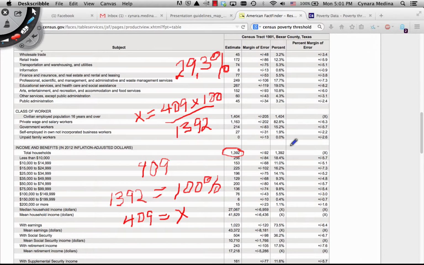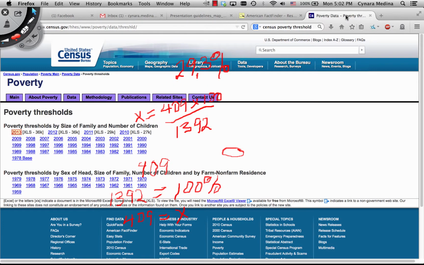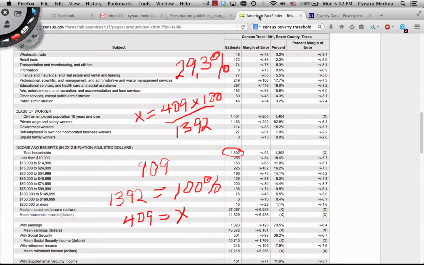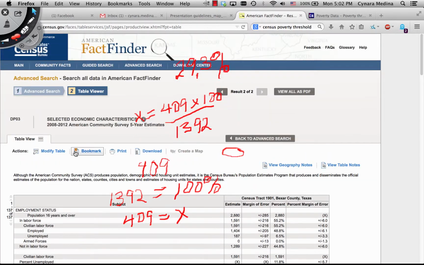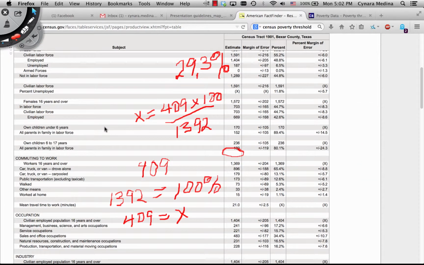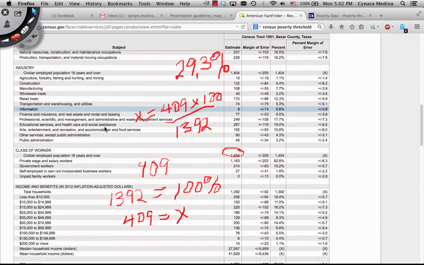So remember the pieces of information that you need. You need your poverty threshold data that you get from that census table. It's this one over here. Then you need this table, which is the selected economic characteristics table.